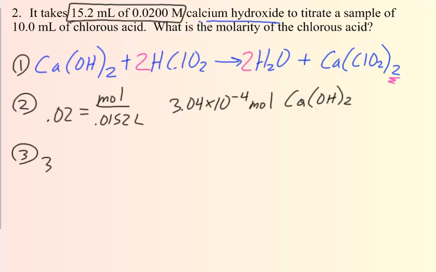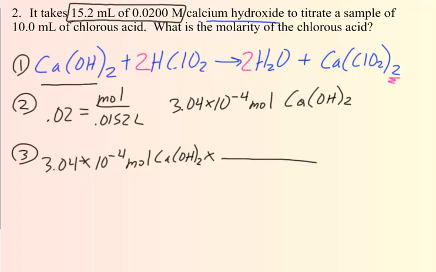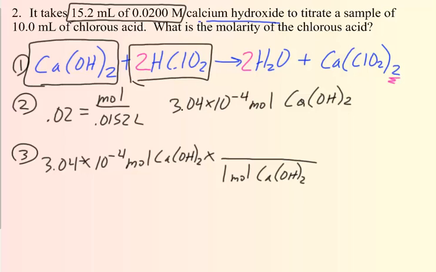So we have 3.04 times 10 to the -4th moles of Ca(OH)2. Looking at our balanced equation, here there was only 1 mole of Ca(OH)2, so 1 mole of Ca(OH)2, and then our acid, we have 2 moles.